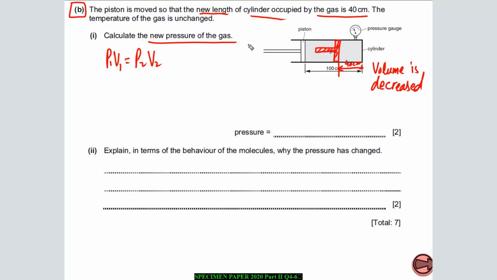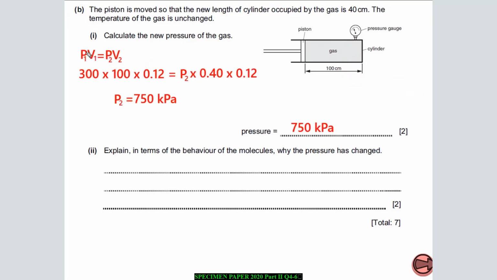One thing we need to understand is that as the cross-sectional area is the same, the volume of a cylinder is equal to cross-sectional area times L. So if the area is the same, we can simply consider L. This is simply Boyle's law, a very common formula. You need to remember this one.